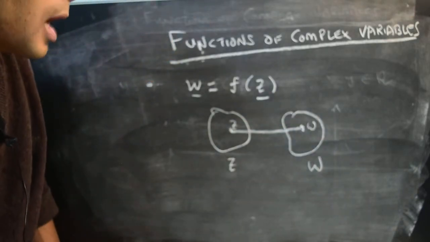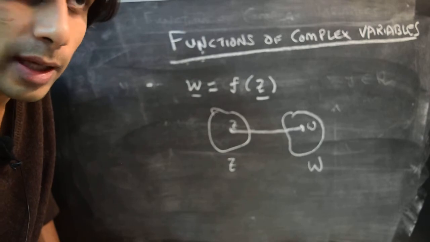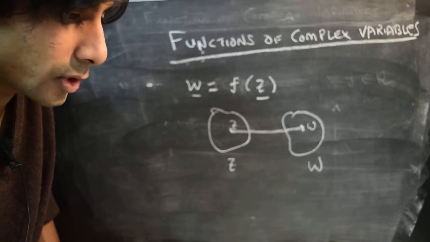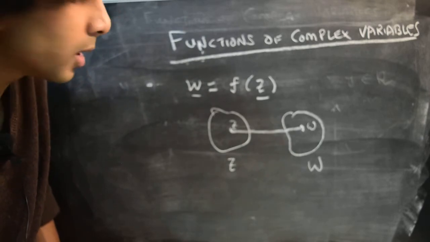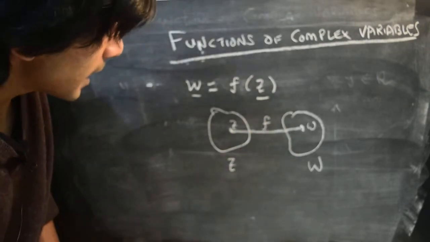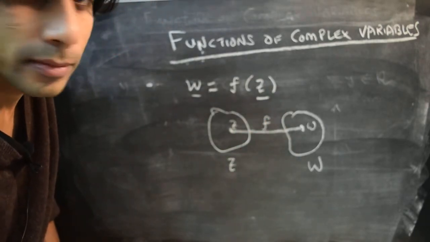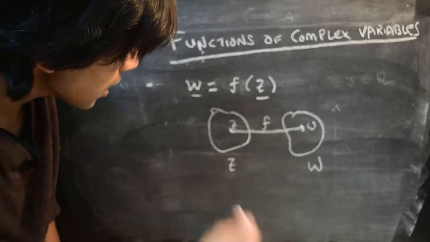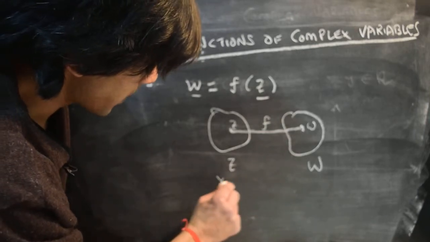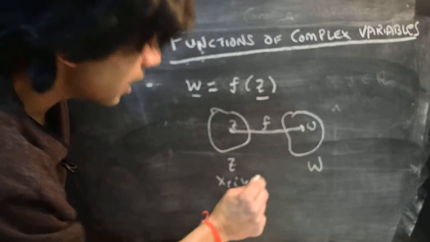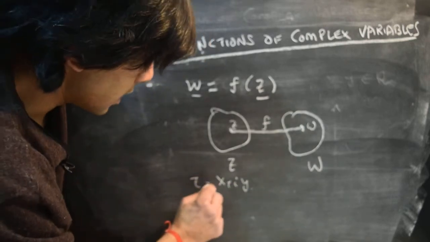Now if we try and extend the idea that it's often useful to make a plot for what the mapping looks like, then we have a bit of a dilemma, because a complex variable z is of the form x plus iy. So that's z.